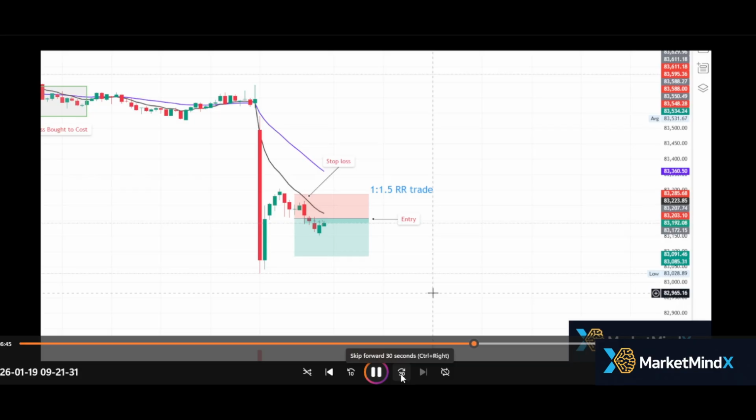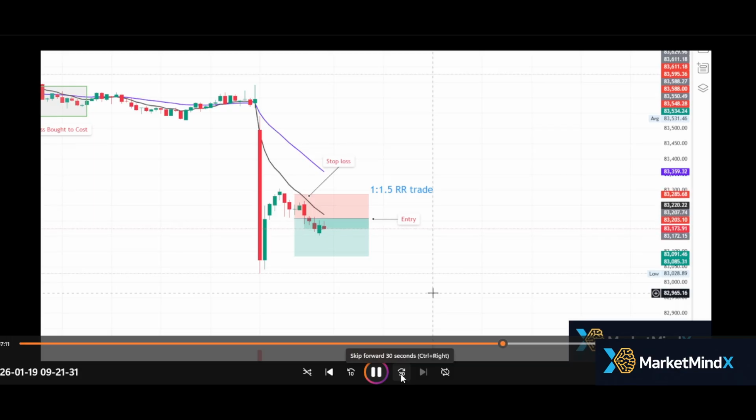See now how I reduce the risk in this trade. Exactly like I mentioned, after the green candle, a red candle started forming.